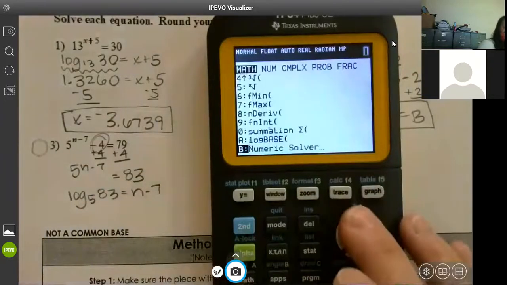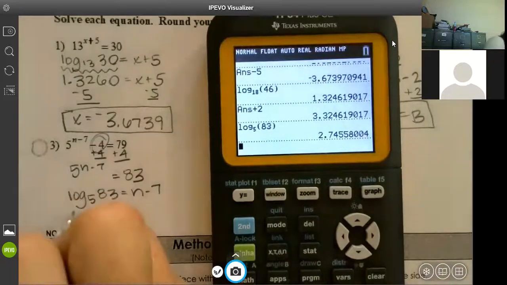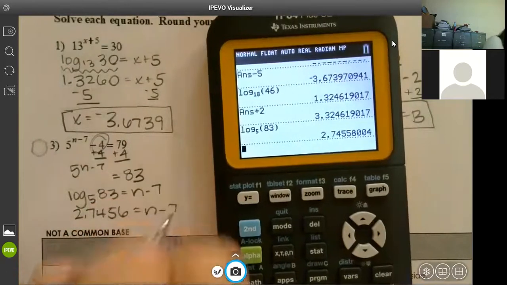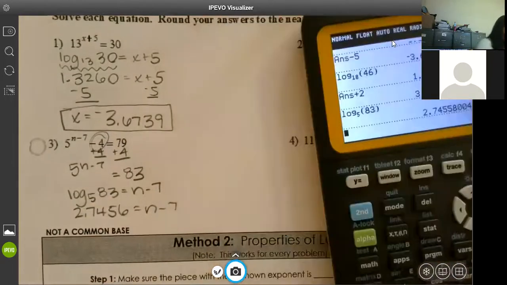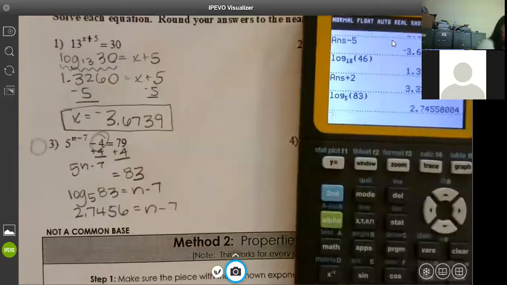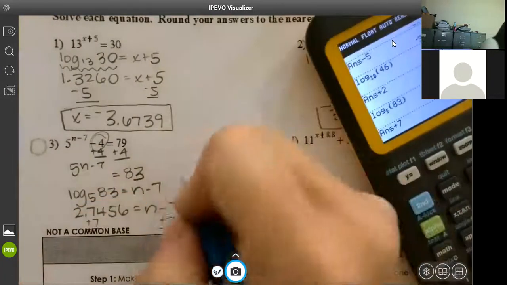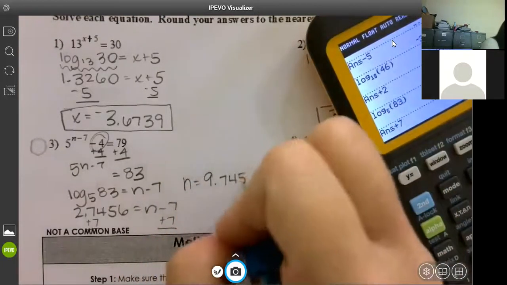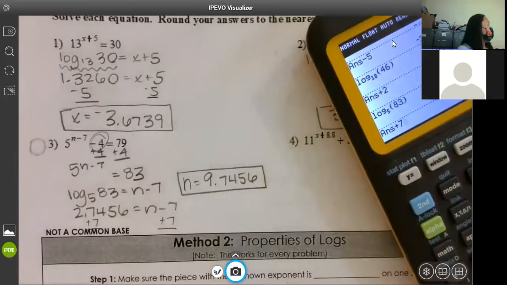Evaluate it. Math, log base, 5, 83. Gives me 2.7456. And then how do I solve? Add the 7. Perfect. And again, you shouldn't have to do that in your calculator, but I went ahead and did it. 9.7456. That's pretty much it, guys, okay? That's pretty much it.